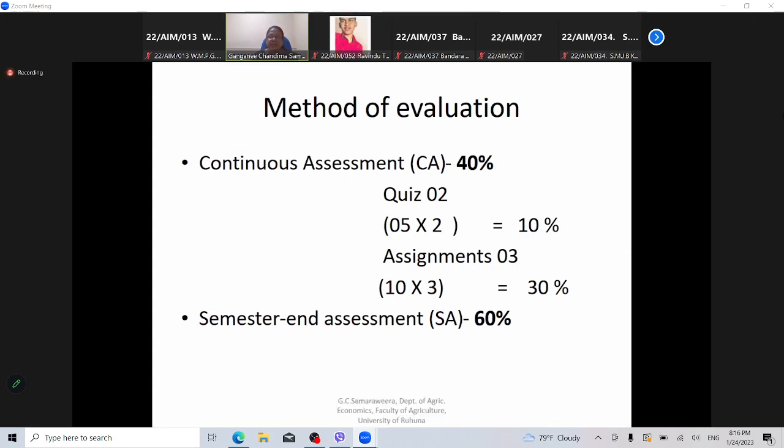Then 10% for your quizzes and 30% for your assignments, altogether continuous assessment 40%. Then you can take in semester examination 60%. So from the beginning, I wish you all the best to get maximum marks for my subject.